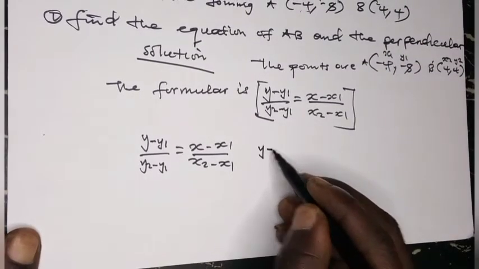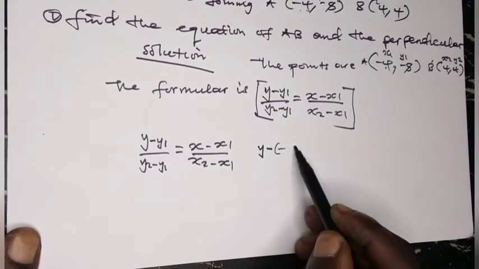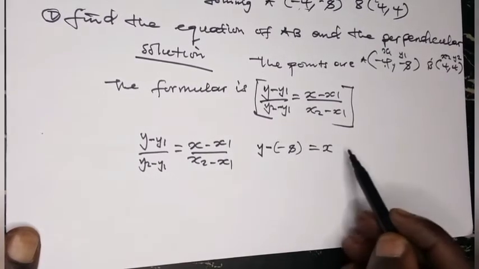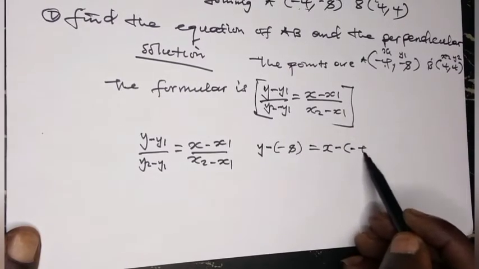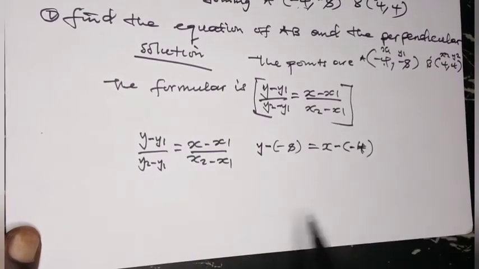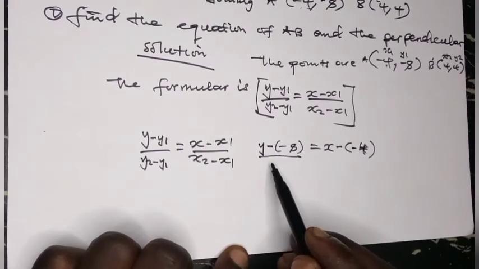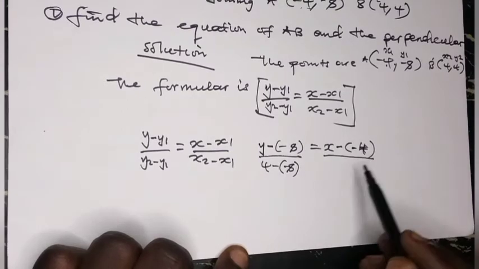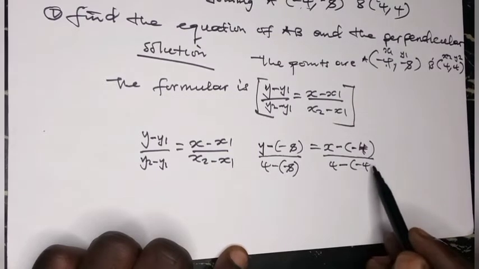Then let's substitute now. Where there is y1, there is minus 8, close, equals x minus, where there is x1, there is minus 4, close, over y2, there is 4, minus open bracket minus 8, and the x2 there is 4 minus minus 4.